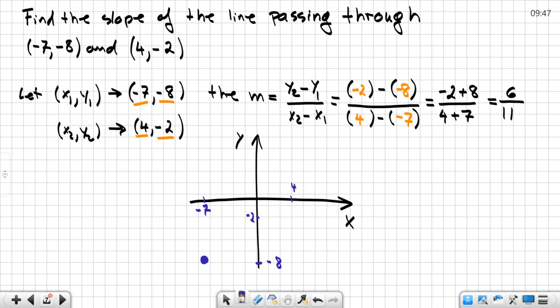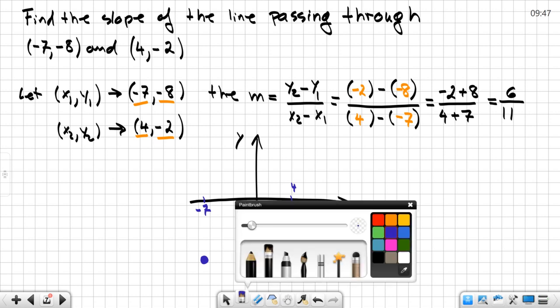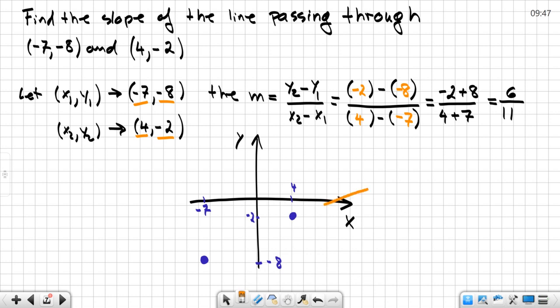So maybe like this. 4, negative 2. This is my second point. Now I'm looking, and when I would sketch my line, I believe now that I have found the right answer, because this is a line that rises from left to right. It should have a positive slope.